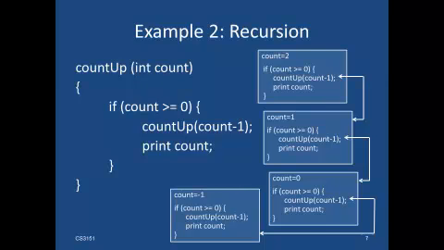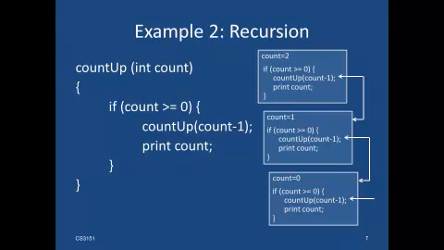The condition in the if statement is false in this case, since count is not greater than or equal to 0. So this method call terminates and execution continues at the point where the terminating method was called from. Since that method call is now done, the next instruction, print count, is executed. Note that count has value 0 in the current method call and therefore 0 is printed.